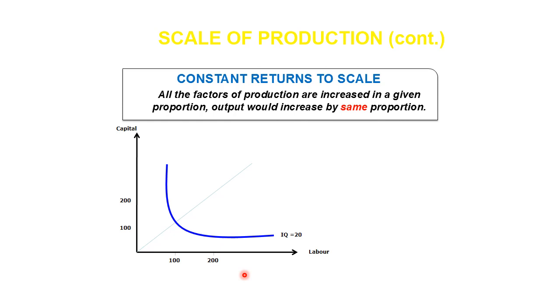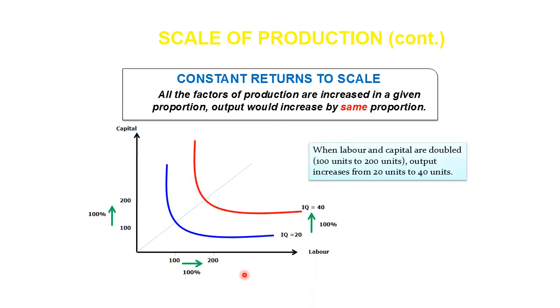Now after some time, what happens is diseconomies will start coming in. Diseconomies are the disadvantages when the firm expands fast. So when the firm is expanding at a fast rate, it gets certain disadvantages. These disadvantages are diseconomies of scale.